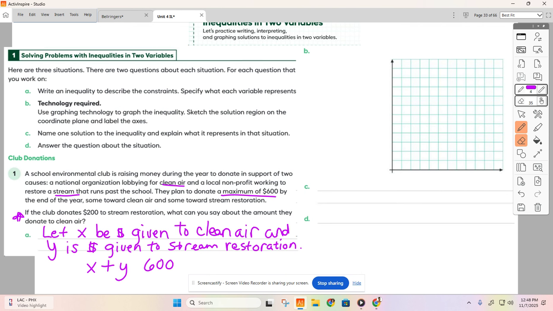Would this amount be less than or greater than $600? Less than. Can it be exactly 600? A maximum of $600 means they're willing to spend all the way up to 600. So my inequality should be X plus Y is less than or equal to 600. So write that on your paper for part A.